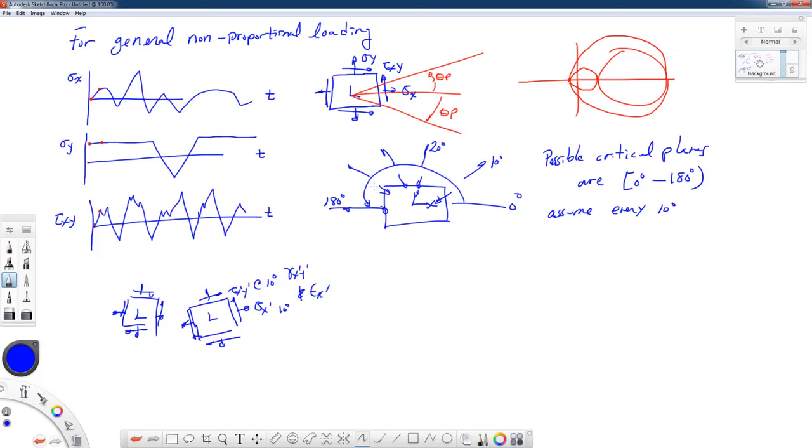Now this brings us up to another point. If we need strains and we have stresses that have been measured, we're going to have to calculate the strain somehow. If we have any kind of plasticity at all, we're going to have a multiaxial cyclic plasticity model that relates stresses and strains.